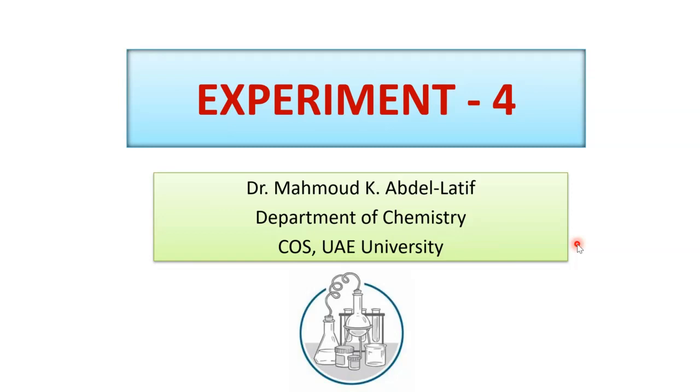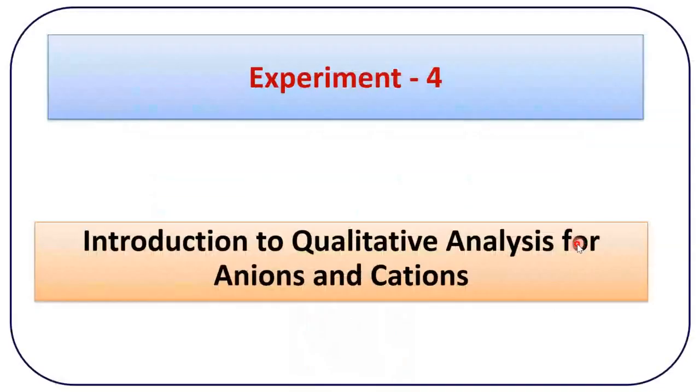Okay, let us start. Today, inshallah, the lesson is experiment number four, an introduction to the qualitative analysis for anions and cations. I have already discussed with you previously, we have two types of analysis, the qualitative analysis and quantitative analysis.